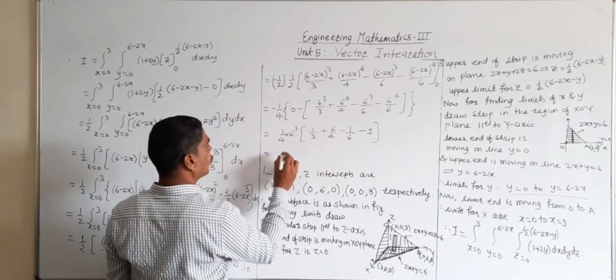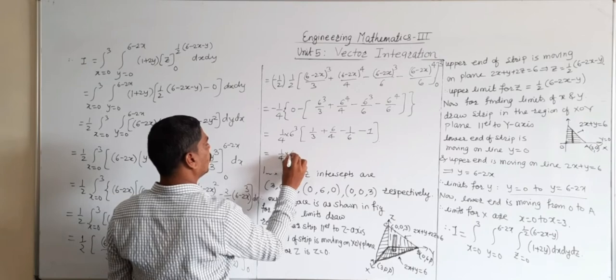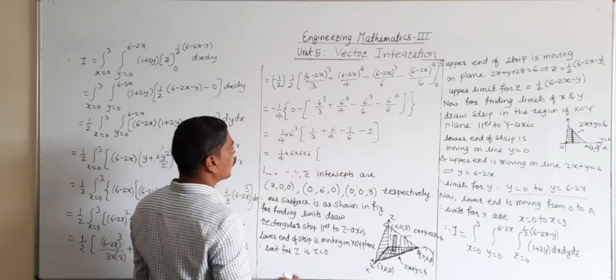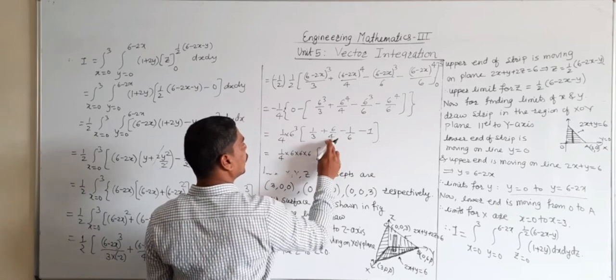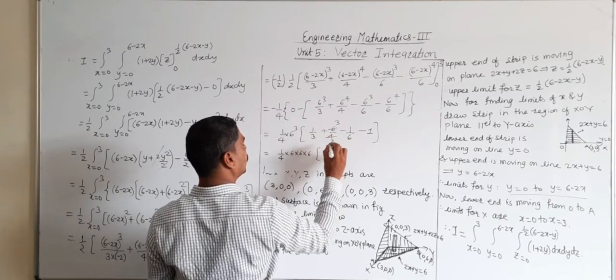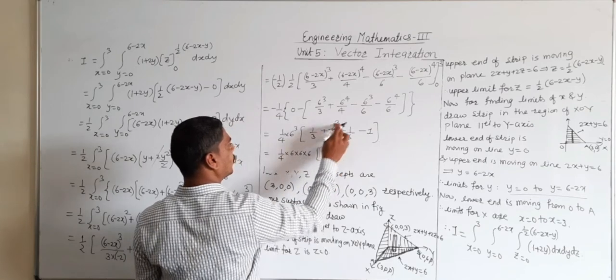Now simplify this. We get 1 upon 4 into 6 into 6 into 6 into the bracket. The denominator is 4, so I will simplify this, this becomes 3 by 2, so multiply this by 2 and this by 3.